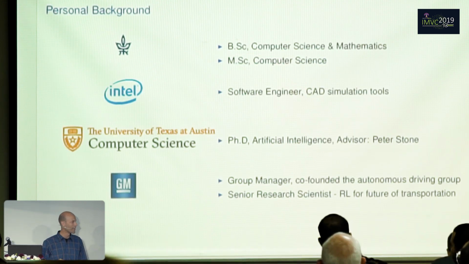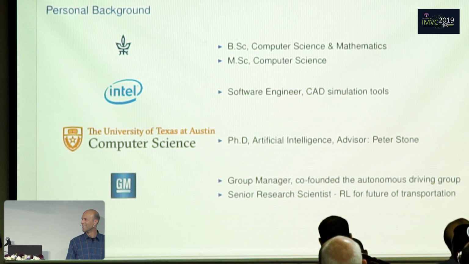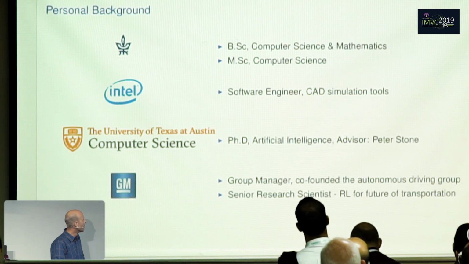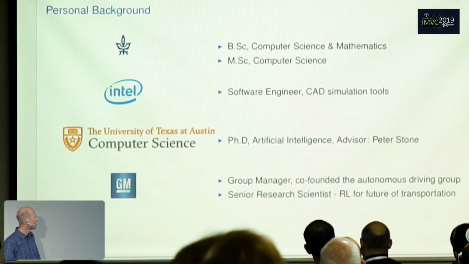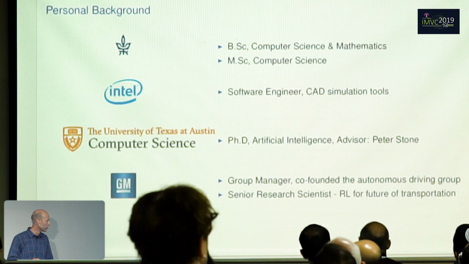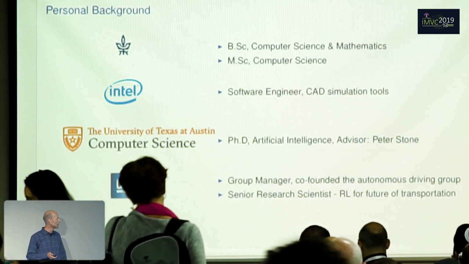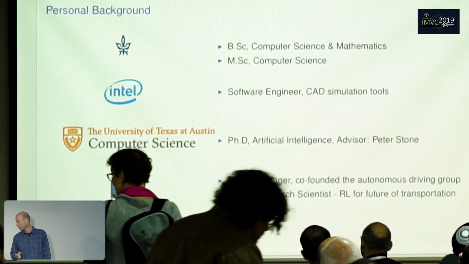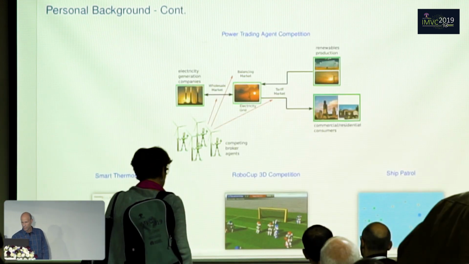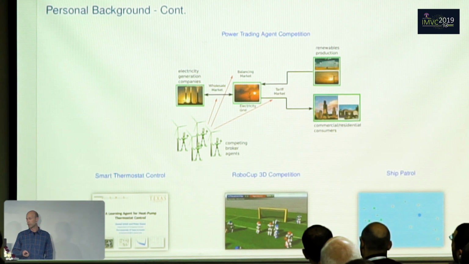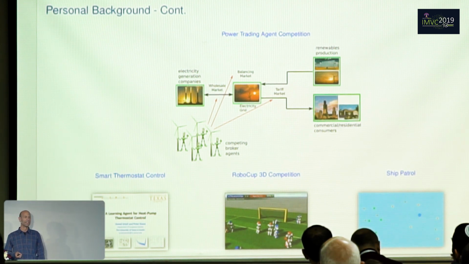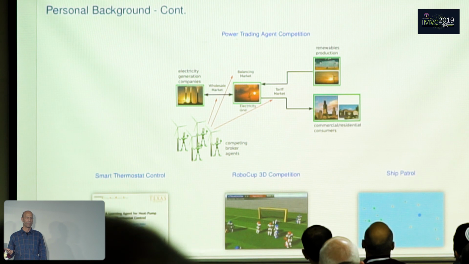So I think I can skip my background because thanks to Nathaniel, but I would just say that currently I'm in GM. I've been a group manager, co-founded the autonomous driving group, and also applying reinforcement learning for challenging problems related to the future of transportation. My past research projects focused on making autonomous agents learn and act in realistic environments.